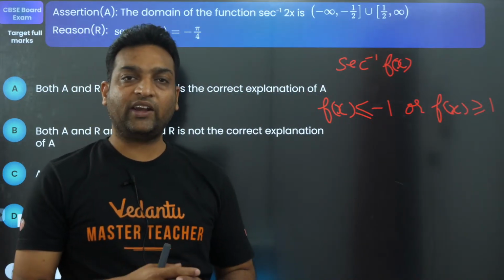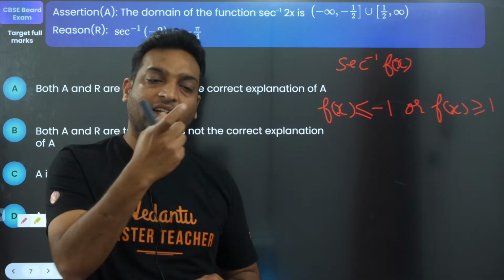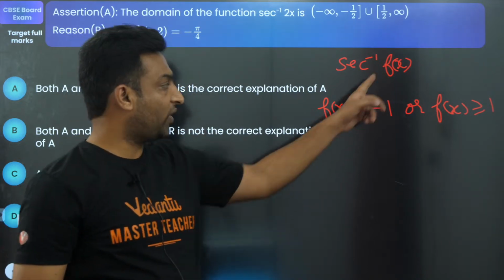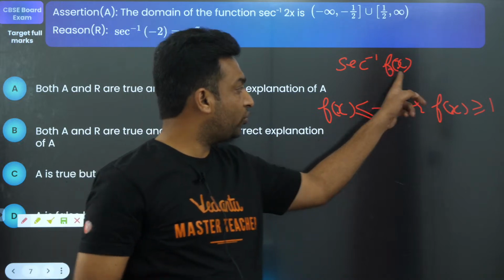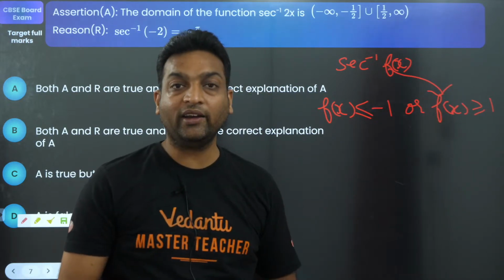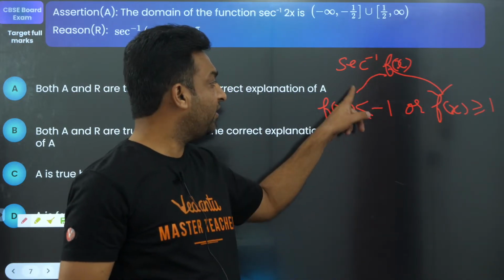Secant inverse cannot have any number which lies between minus 1 and 1. So this value should either be greater than or equal to 1 or less than or equal to minus 1.